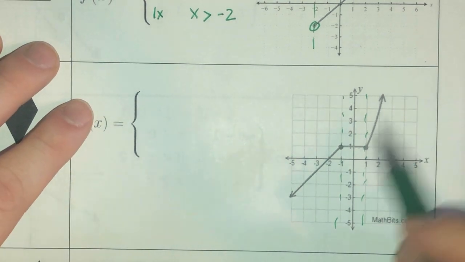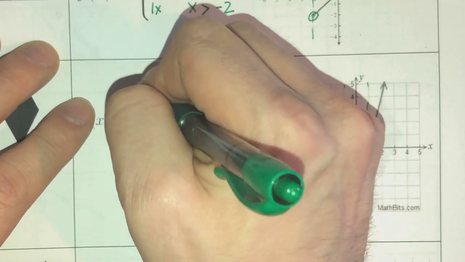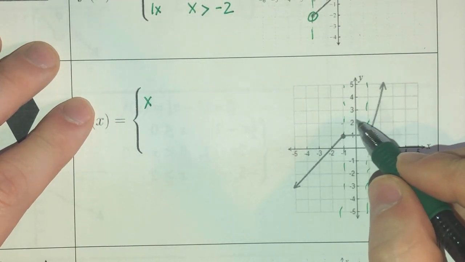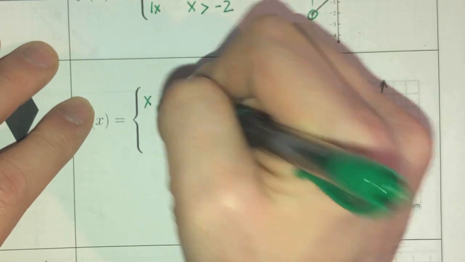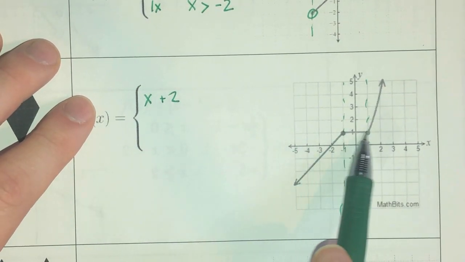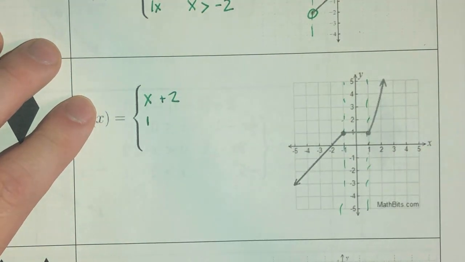Let me show you. So this first piece, up 1 over 1, that's a slope of 1. And if I was to keep going, notice how it would hit the y-intercept at 2. Okay, I like to do all the rules first. Here, flat line, no slope, with an intercept of 1.